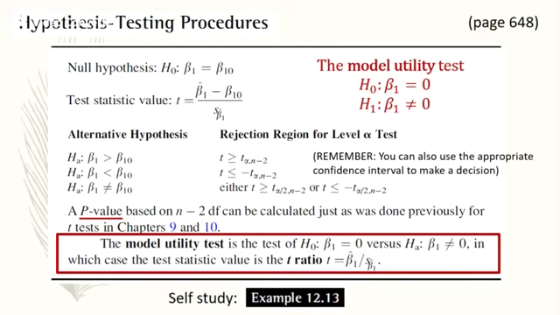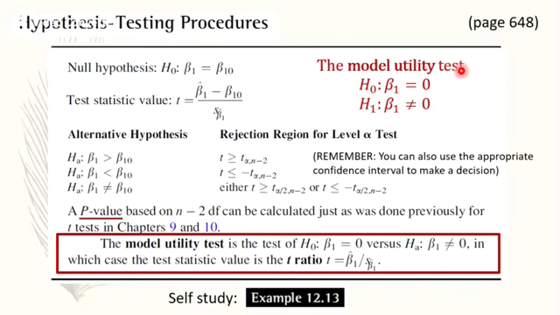I just want us now to focus on this little point at the bottom. This point is highlighting a special version of this hypothesis test. If you take your beta 1, 0 to be the value of 0, so in other words, there's no slope versus there is a slope, that's exactly what you're testing here. You're not testing whether it's a positive slope or negative slope, just whether it exists or not. This special hypothesis is very commonly used, so it is given a special name.